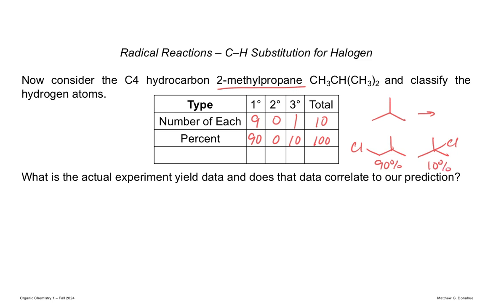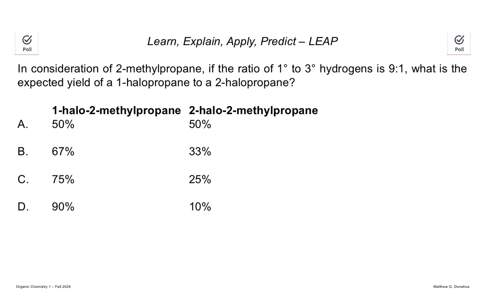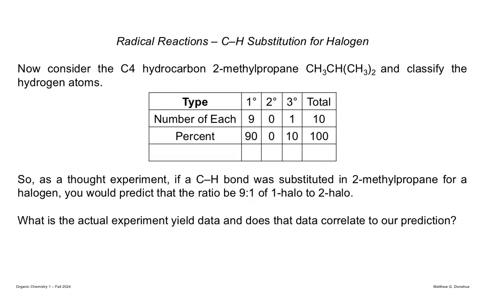Of those two products. So this question was B. Well, this one will be D, 90-10.